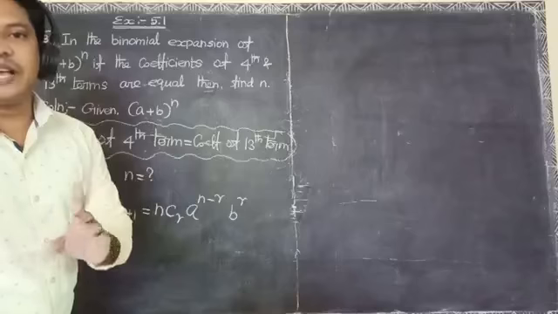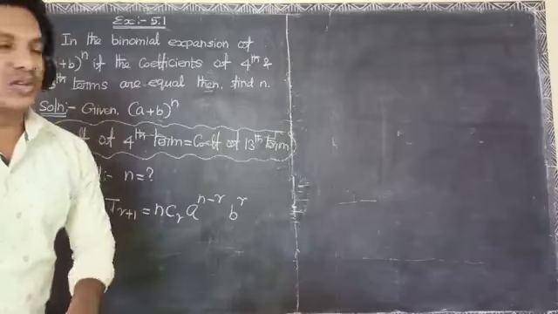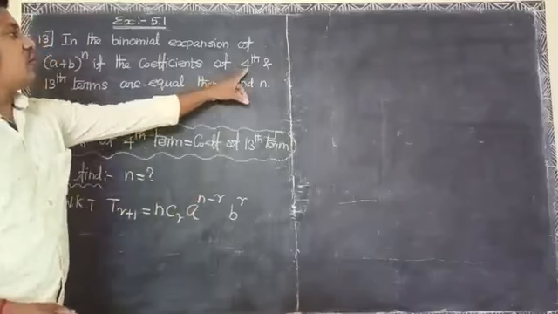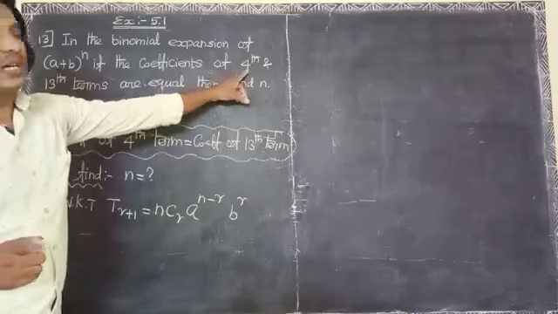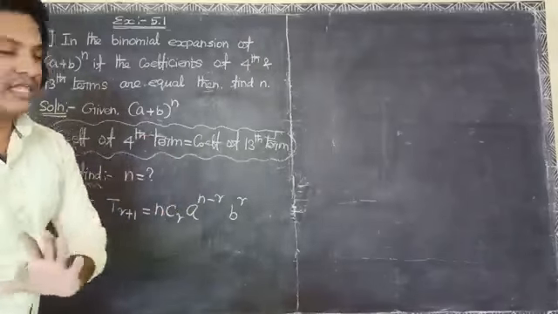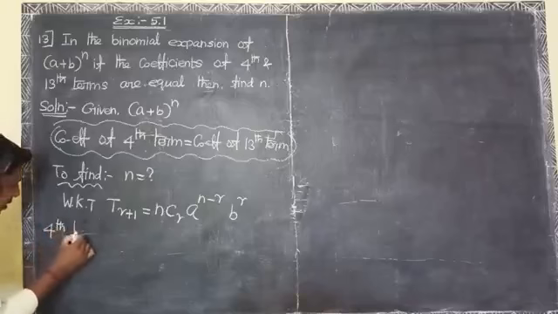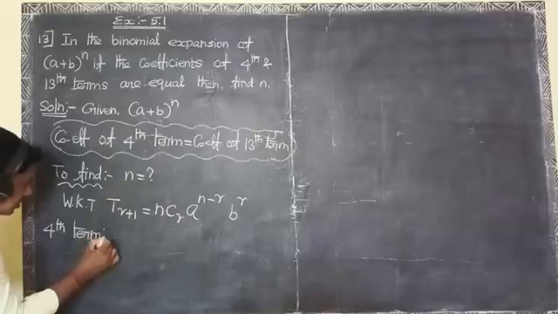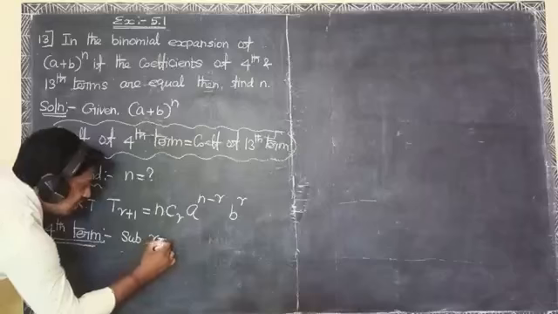Okay, third term of the expansion (a + b)^n. Similarly, by the same process, we get the fourth term's coefficient. Fourth term means substitute r = 3.